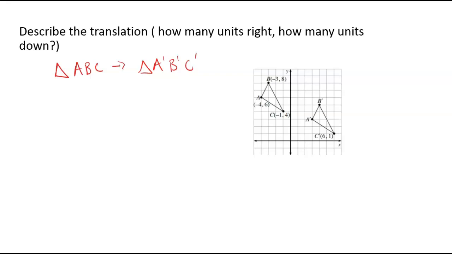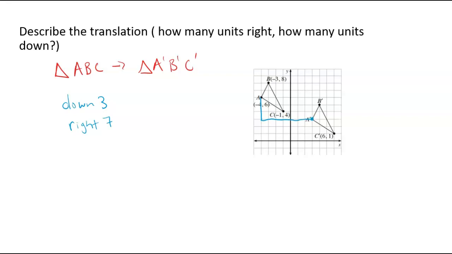What you should have recognized is that you have to go down a certain amount of units and go to the right. You are actually going down 3 units and going to the right 7. So let's pretend I'm moving my A. Down 3, 1, 2, 3, and then to the right 7, 1, 2, 3, 4, 5, 6, 7.